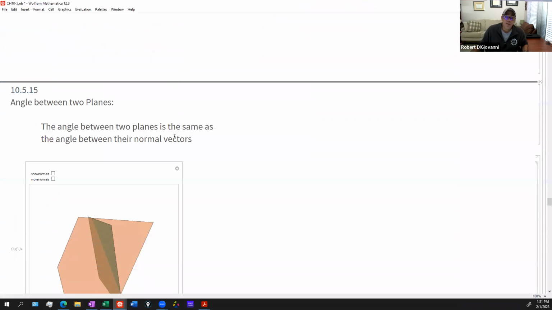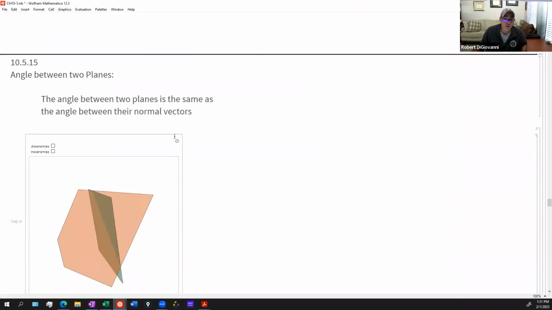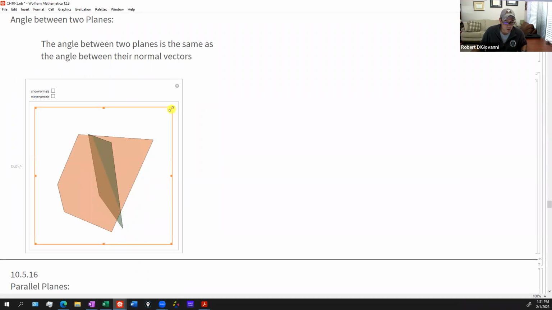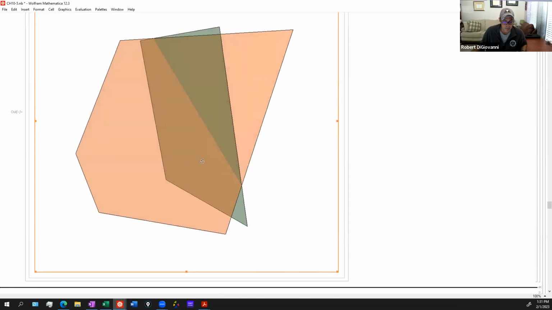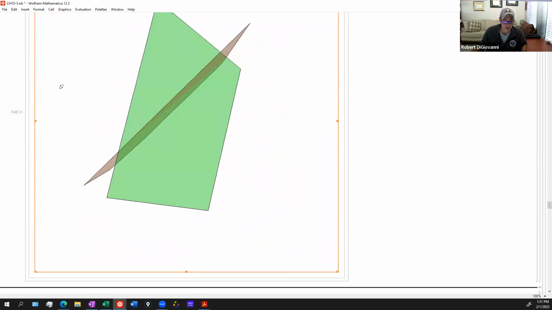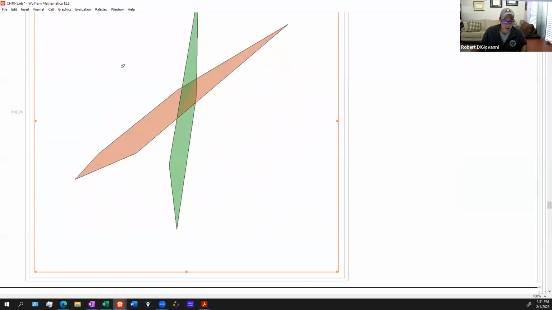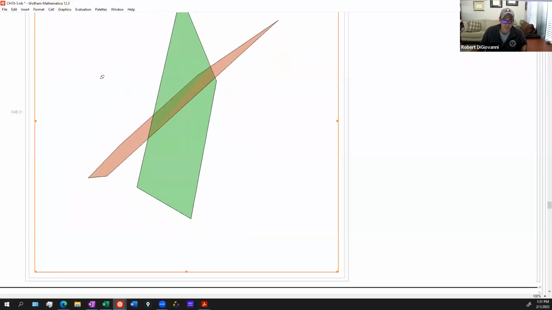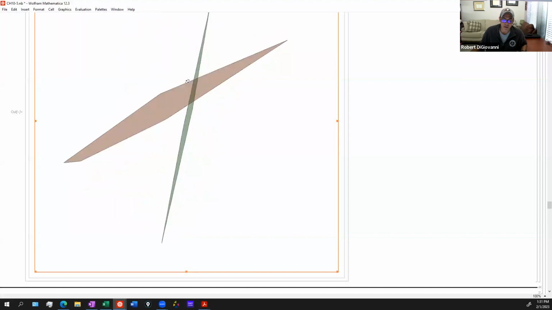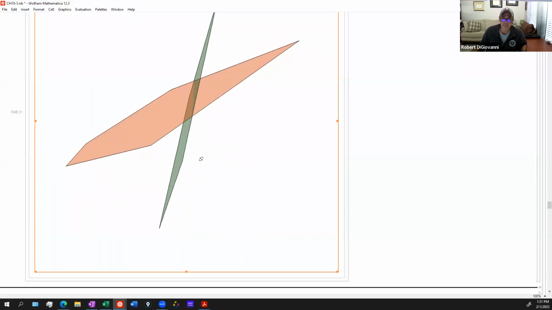All right, now let's talk about the angle between two planes. So if you have two planes, right? I've tried to show the best I can here, two different planes, a greenish one and a pink one. If we want to find the angle between those two planes, as long as they're not parallel to one another, then there should be some angle in there, right?